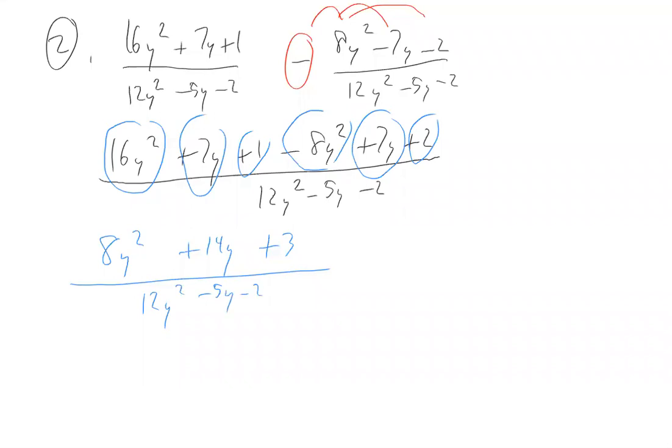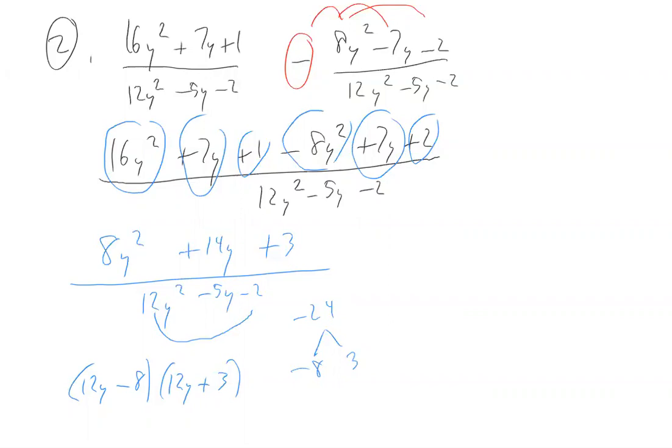So in the bottom, you multiply the 12 times the negative 2, and you get negative 24. Then in order to make a number that makes negative 5, you're going to break that apart into negative 8 times positive 3. So you're going to have a negative 8 at the end, positive 3 at the end. Then you'll have the 12y and the 12y, but there's no square now.